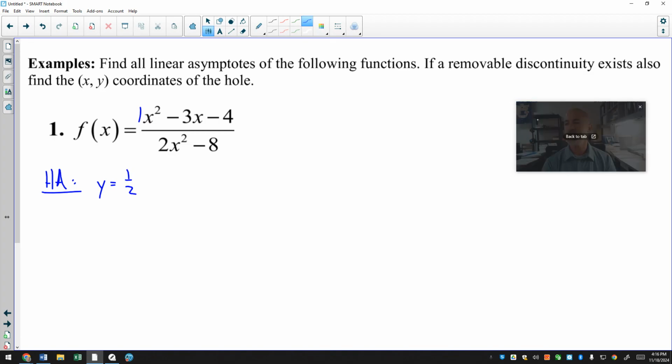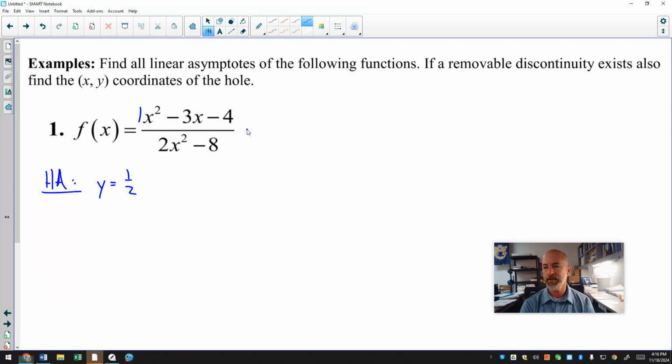Now I'm going to simplify this expression as much as I can. The numerator factors to x plus 1, x minus 4. My denominator, if you factor a 2 out, you'll have x squared minus 4, which would factor to x plus 2, x minus 2. And so that means we have nothing canceling.